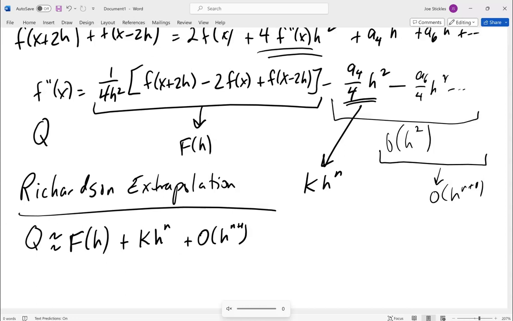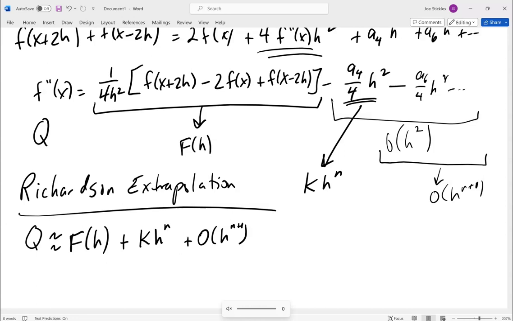Smaller error term means it converges faster, right? So this is the idea of the extrapolation. I want to get rid of this thing based on a different estimate, okay? Now again, remember, f of h is an estimate for Q, but this h could change. No matter what h I use, it gives me an estimate for Q, right? This formula is still true.